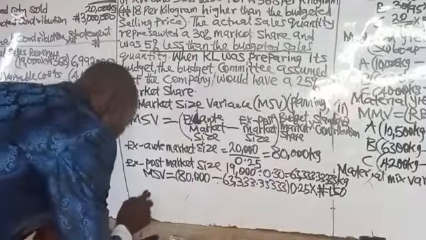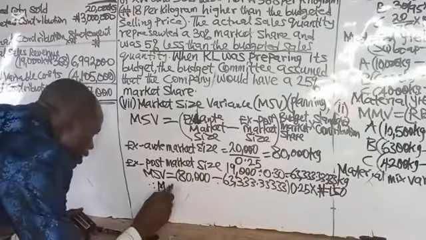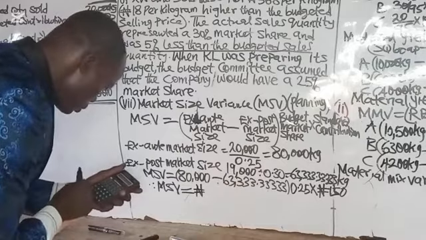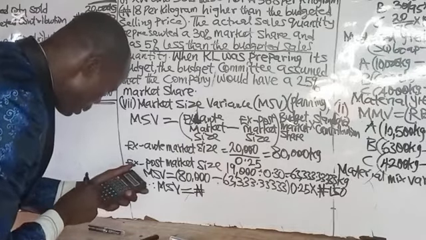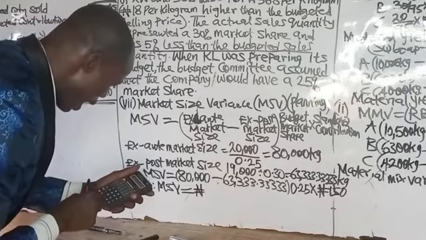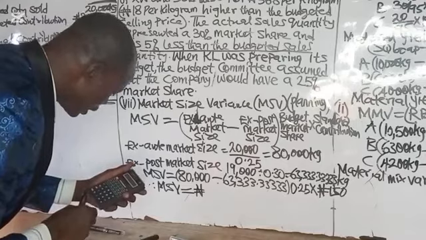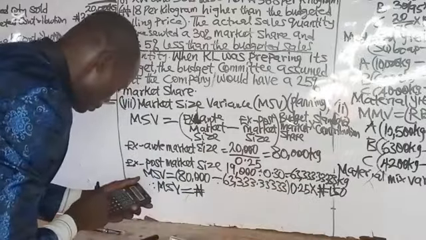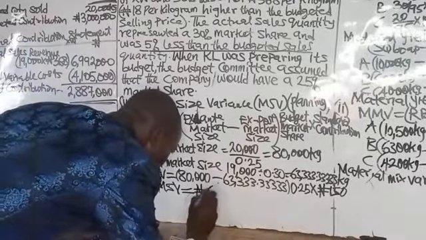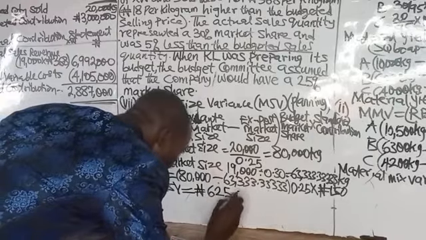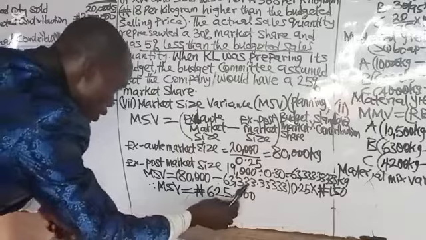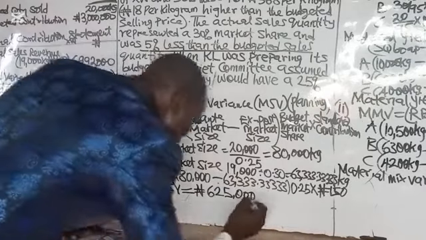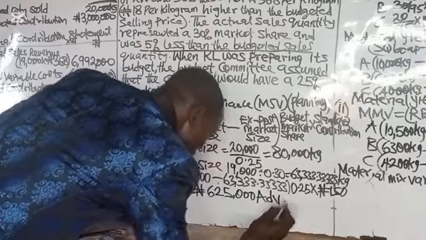Therefore, market size variance equals 80,000 minus 63,333.3333, we have 16,666.6667 times 0.25 times 150. That gives us 625,000. So the ex post, the latter target, is lower than the initial target. Therefore, this is an adverse variance.